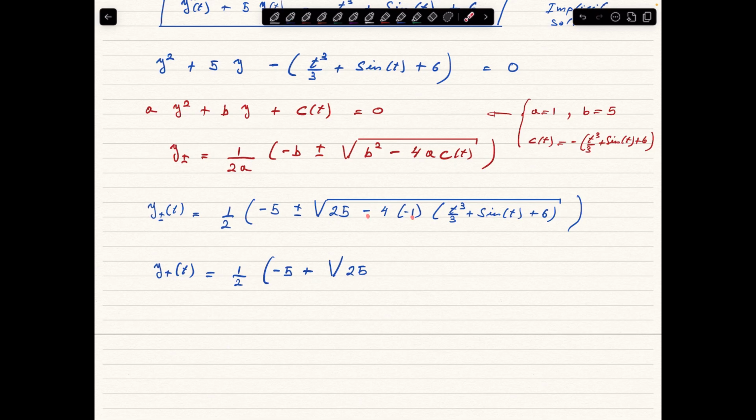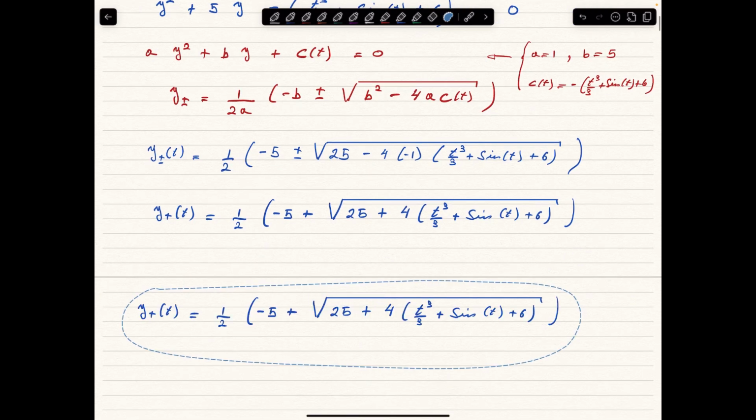We have here minus minus, so these are going to cancel out, so we're going to have plus 4 times t cubed over 3 plus sine of t plus 6. Cool. And the other solution is going to be essentially the same.